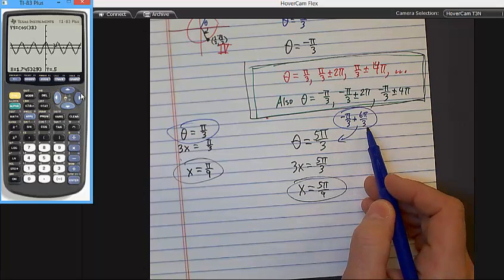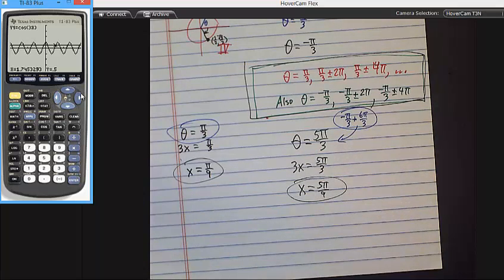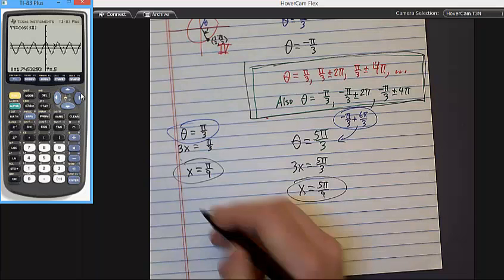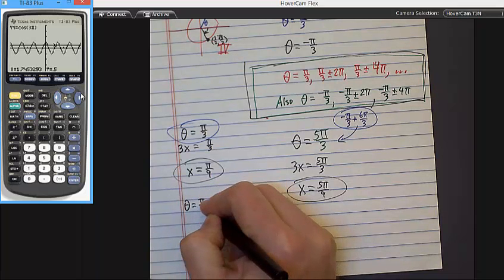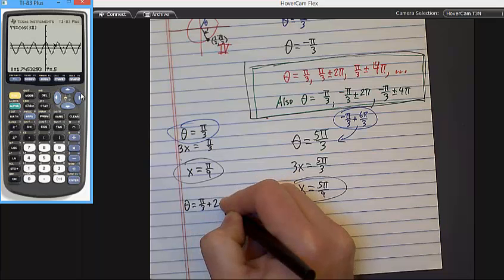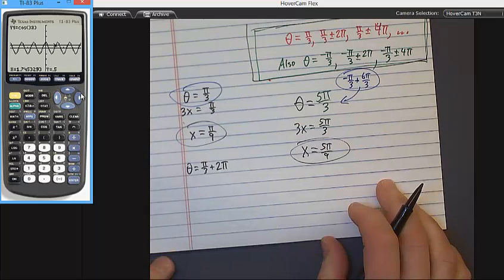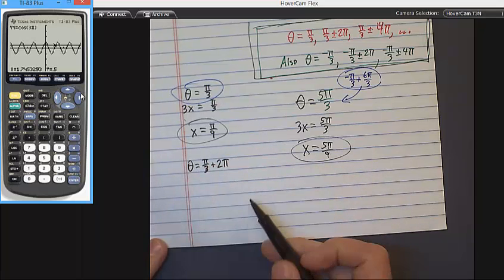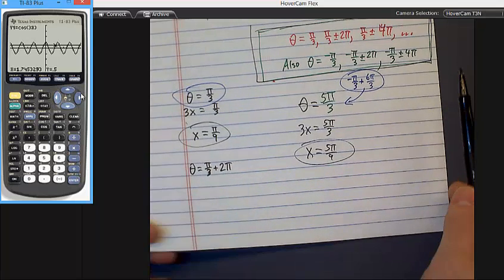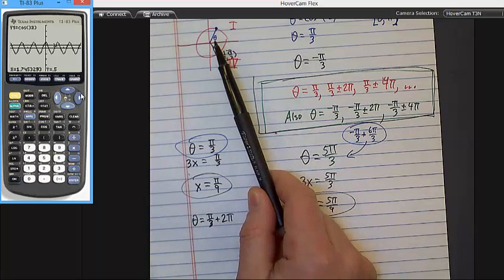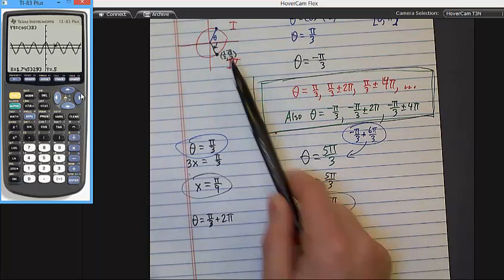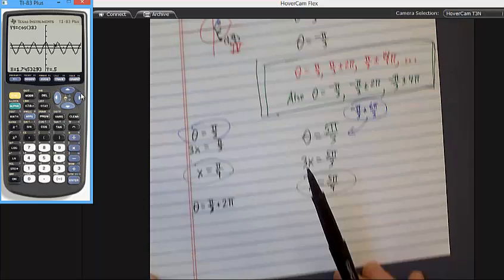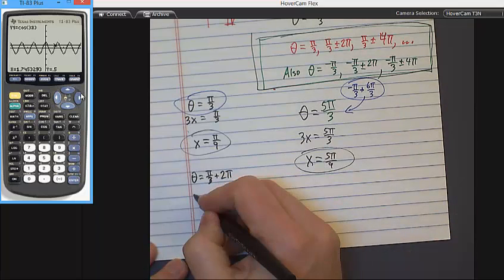Let me next do theta is pi over 3 plus 2 pi. Looking at the picture again, that's like the blue angle, pi over 3 plus another 2 pi. So theta here is 7 pi over 3.